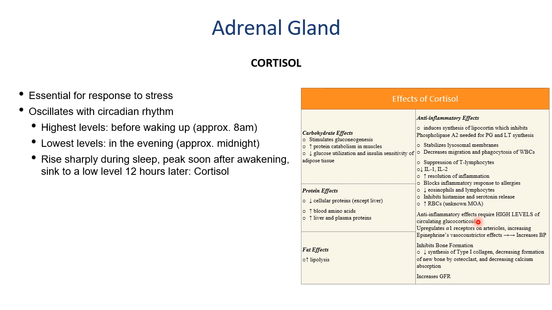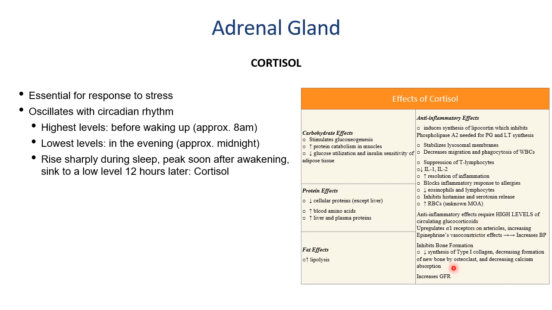So think of it this way: the sympathetic nervous system is able to exert its effect because of the permissive and promoting effects of cortisol. So if there is inadequate levels of cortisol, the sympathetic nervous system will not be able to exert its effect. Okay?